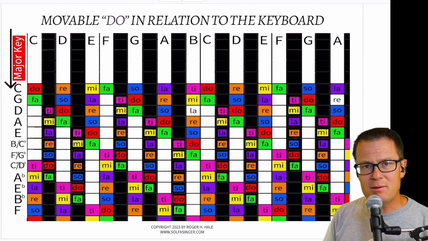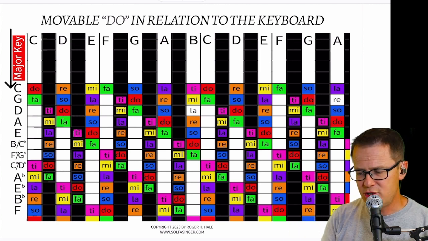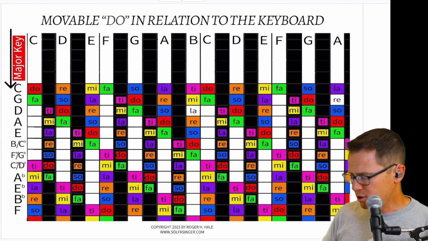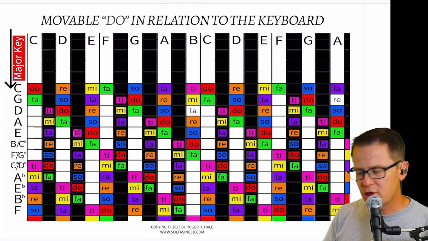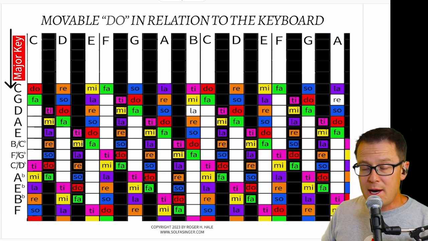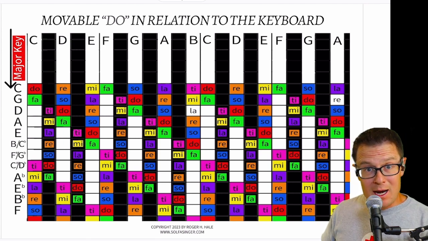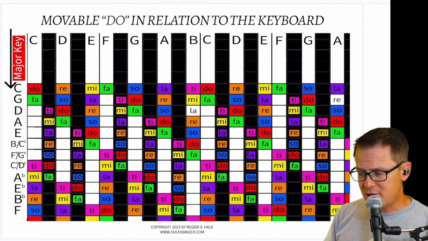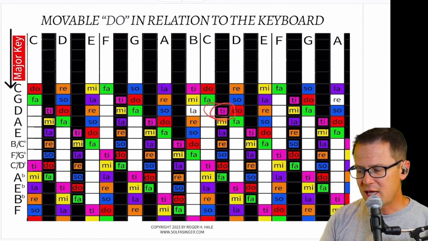Right, let's go ahead and jump to the second line. Okay, G major. Do is over here now. So we're going to go up a little bit higher, or you could go down lower. Do, re, mi, fa, sol, la, ti, do. All right, now notice ti is on a black key.